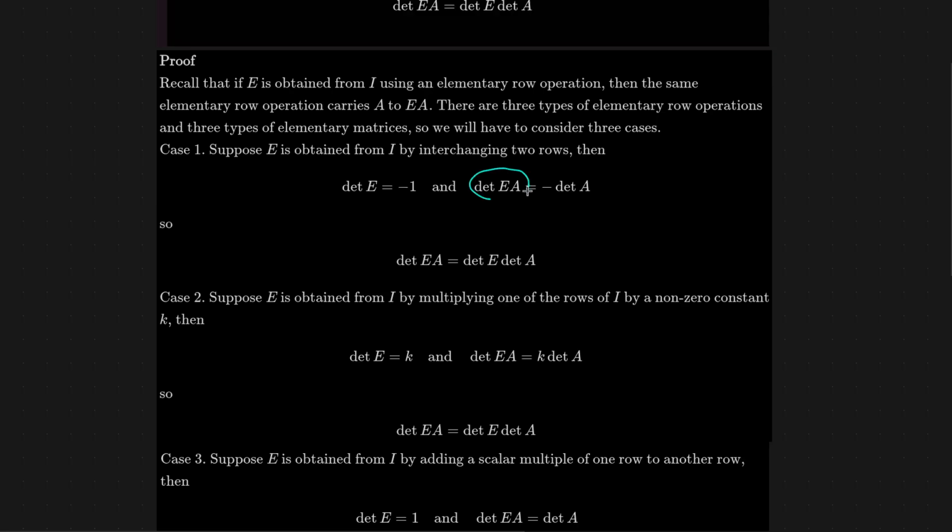So the determinant of EA, remember if we multiply a matrix by an elementary matrix, it just applies the elementary row operation we used to obtain that elementary matrix. So if we obtain elementary matrix E by swapping two rows, then E times A is the same as swapping two of the rows of matrix A. And we know if we apply that elementary row operation to a matrix and then take the determinant, it's just the negative of the determinant of the matrix we started with.